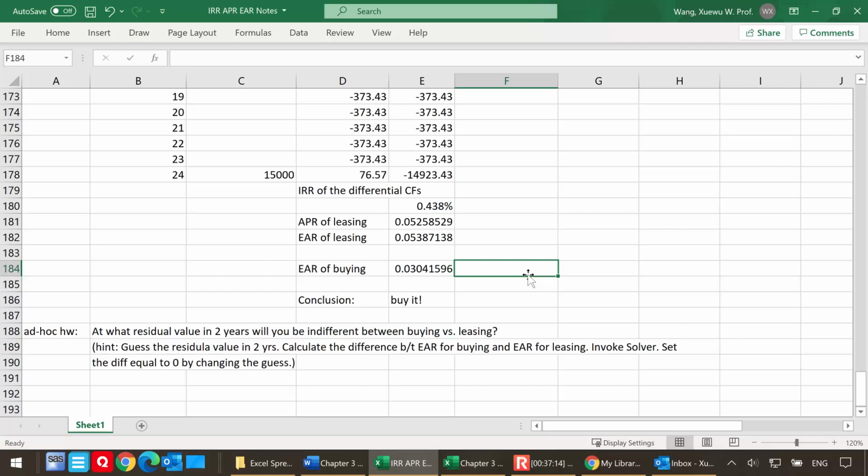Then we can also apply this to leasing versus buying analysis. We have a way of translating the leasing option into some kind of differential cash flows or some kind of a loan, and we can calculate the cost of leasing by looking at the EAR of the differential cash flows.